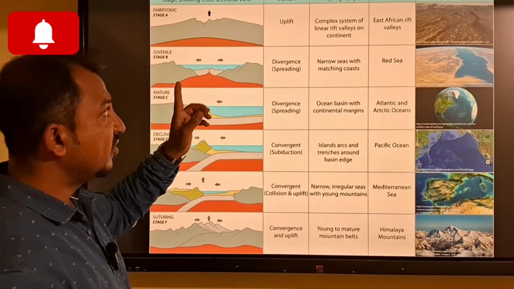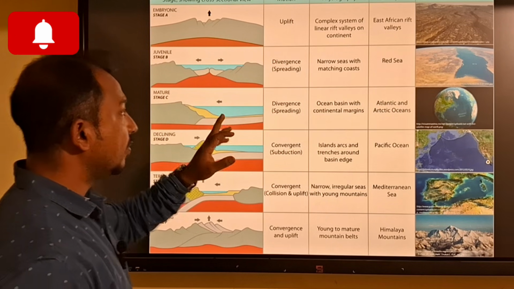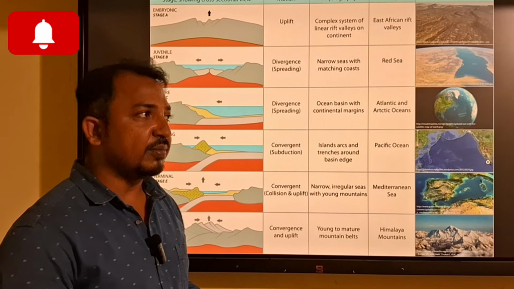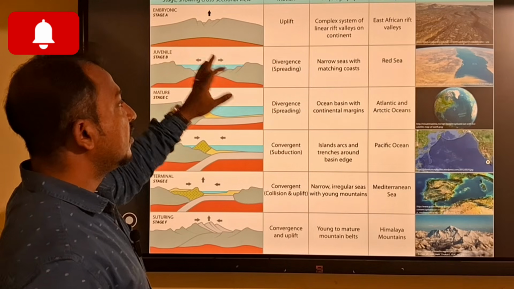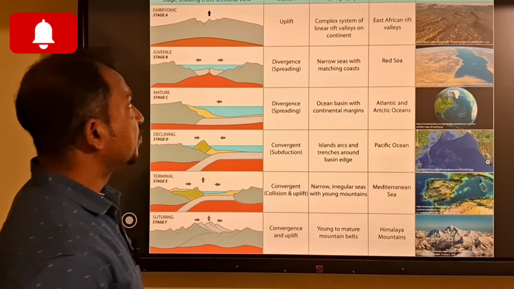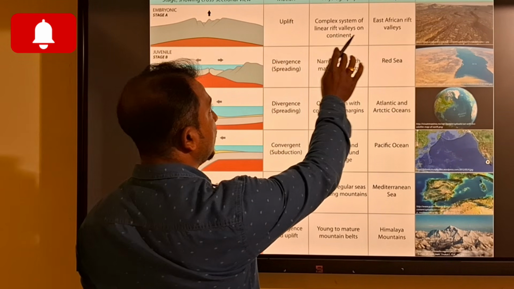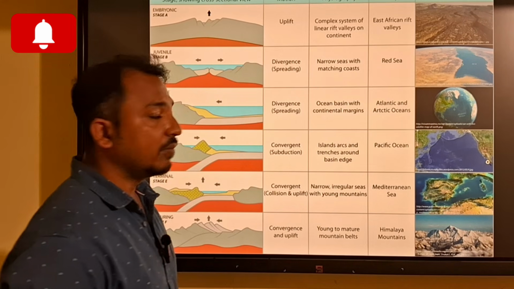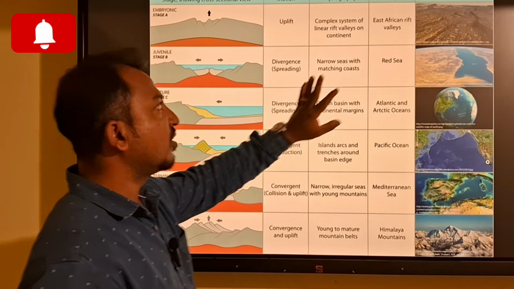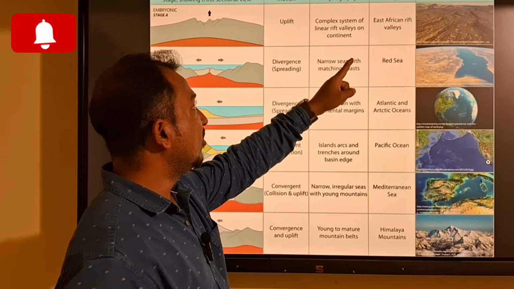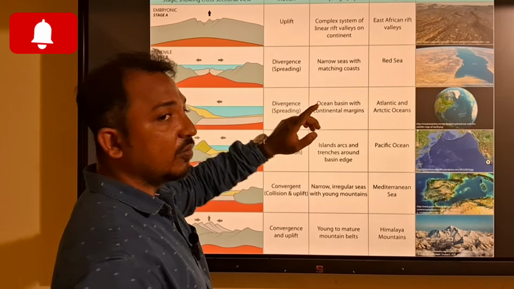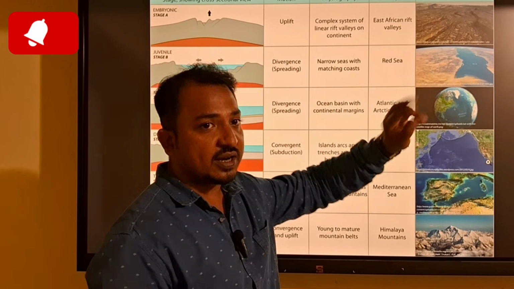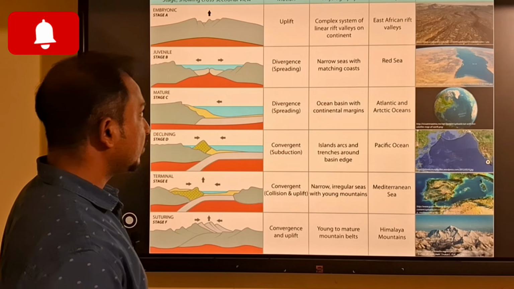First is the embryonic stage, called stage A, where there will be rifting because of upliftment of the plate by a hotspot or mantle plume. So there is uplift and breaking of the continent, which is called the initial or embryonic stage of the Wilson cycle. The example is the East African rift system.